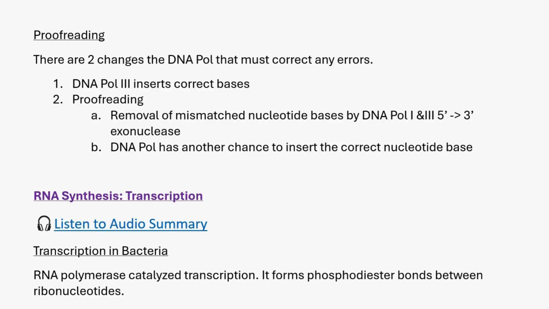Once the mismatch is removed, DNA polymerase can attempt to insert the correct base again, maintaining the integrity of the genetic code. This intricate and highly regulated process ensures that cells can replicate their genomes accurately and efficiently, forming the foundation of cellular function, inheritance, and overall genomic stability in all forms of life.